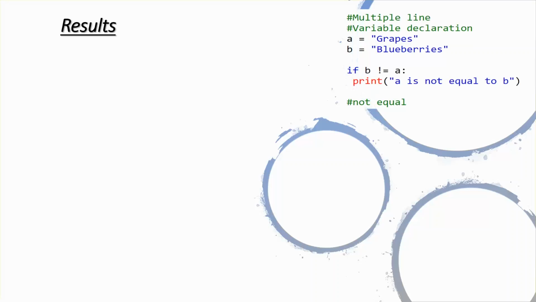Let's have another example, but this time using strings as variable. The same principle will apply for string comparison, where we can only use equal and not equal conditions.